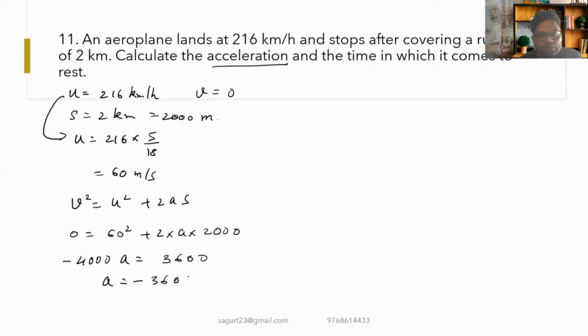So 3600 upon 4000. So this is minus 9 by 10. Okay, so that acceleration will be, sorry, this will be tenths. So acceleration will be minus 0.9 meter per second square.